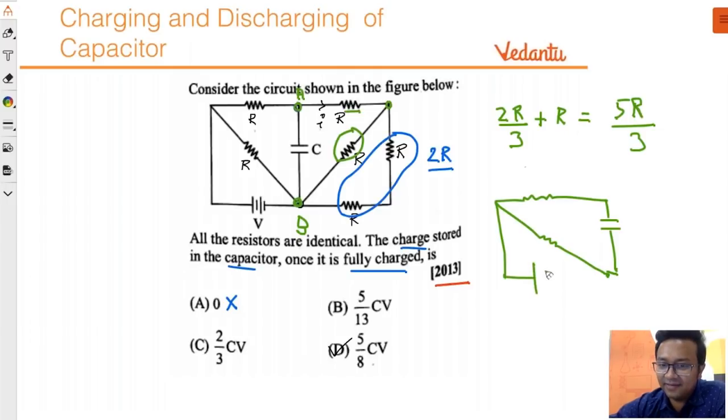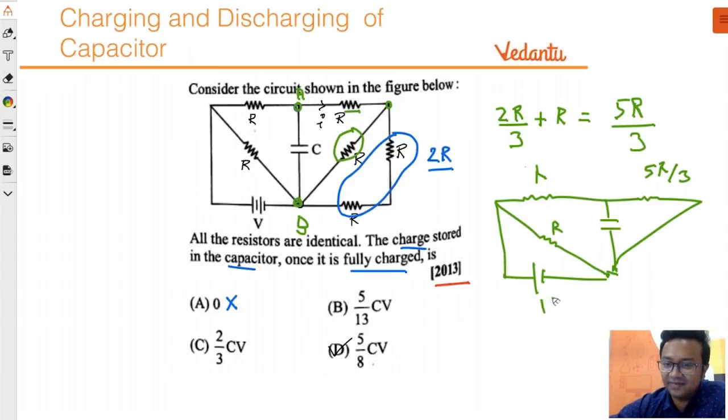Here I have the EMF, the battery, being connected. And here I have the equivalent resistance of 5R by 3. This is R and this is R, and this is V. So this is how I would simplify my circuit diagram so far.